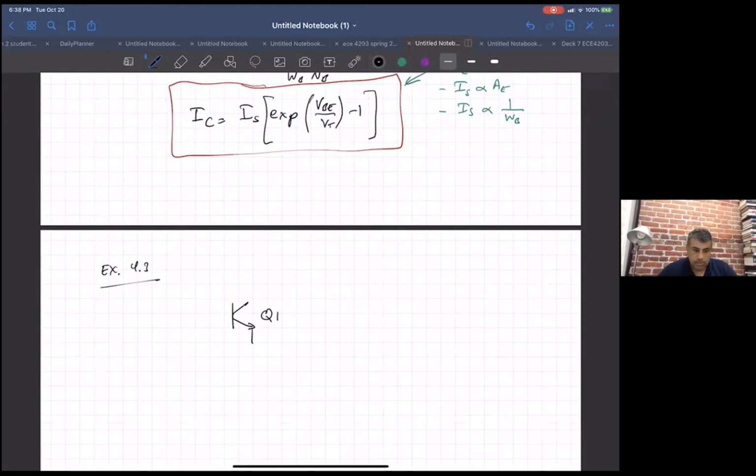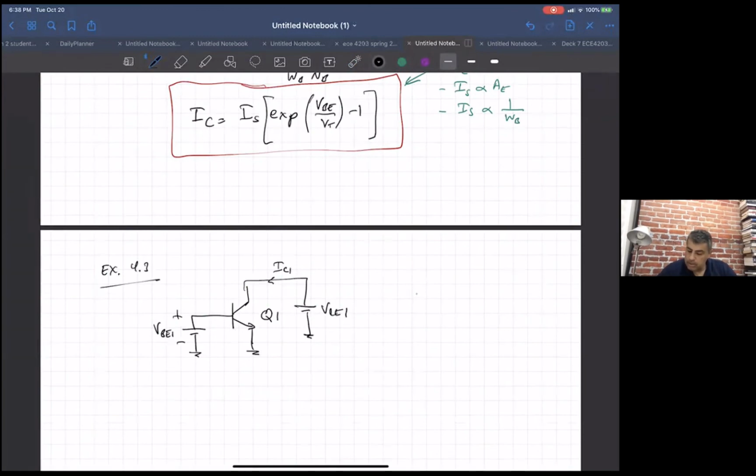Q1 is the name of the bipolar transistor. I'm putting a certain VBE across it and a certain VCE. Let's call it VBE1, VCE1. That'll give us a certain I sub C1.